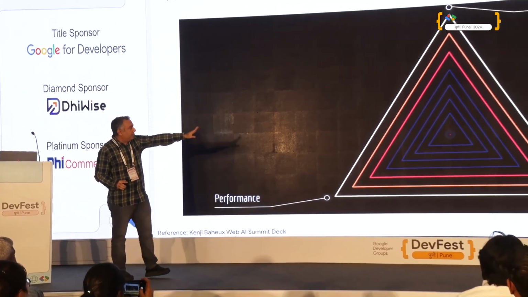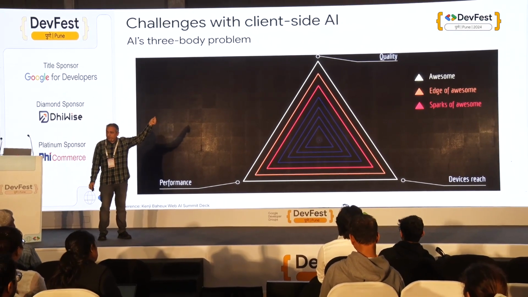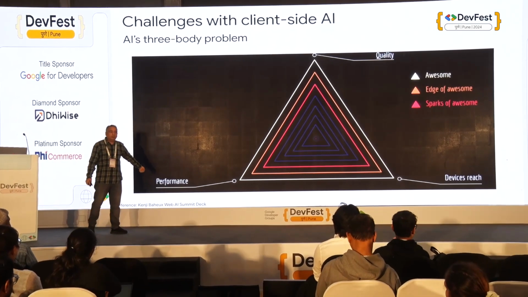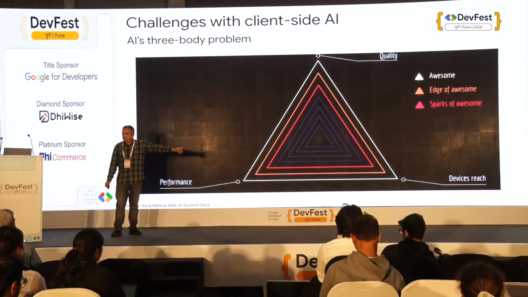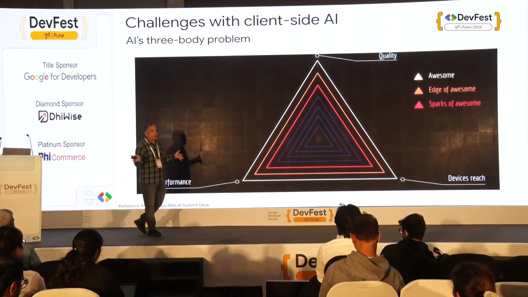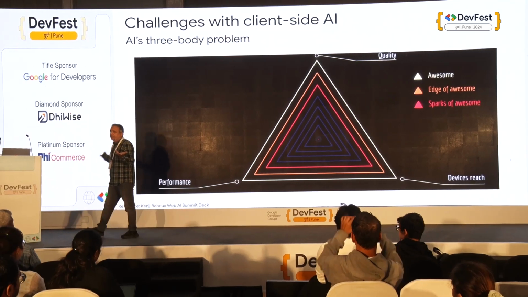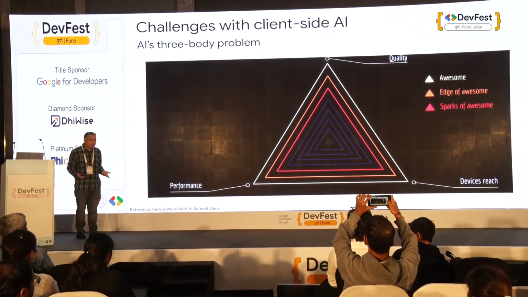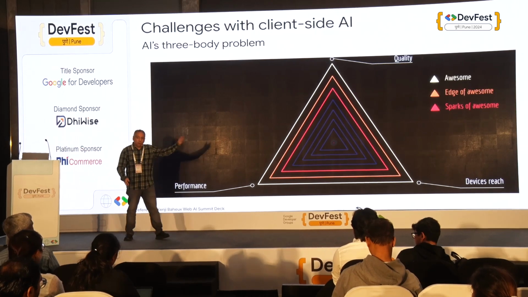If you look at it, should they focus on model quality? Should they focus on performance? Or should they focus on device reach? Because at the end of the day, the web is open to all. We have no idea, when someone is just launching their browser and accessing a website, what the capabilities of the device are. So should we reach more devices?